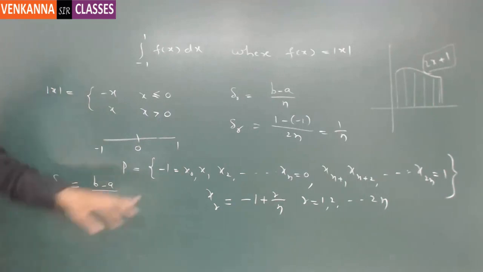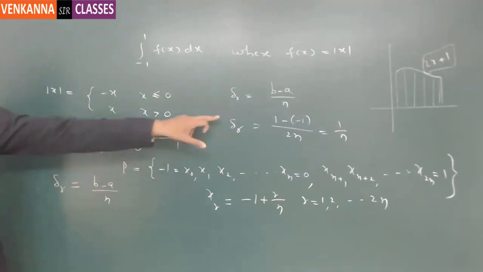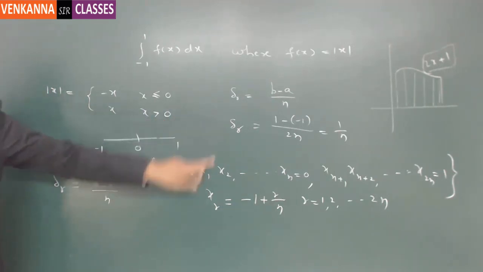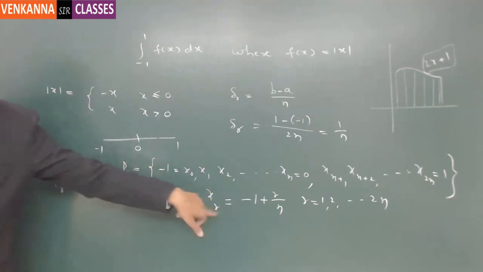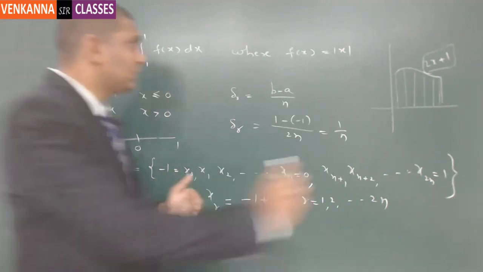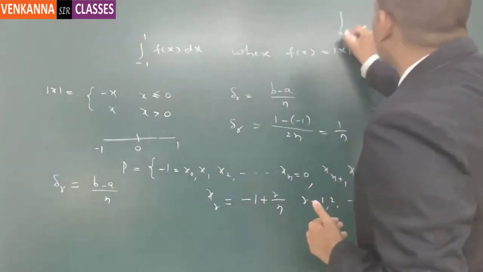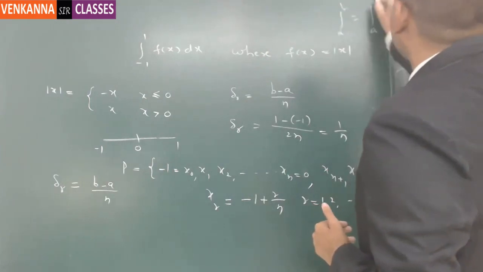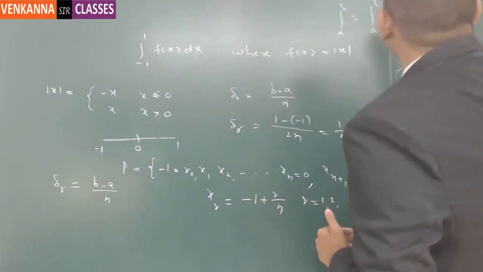Right. So this is the way of taking the partition. This is delta r. The point xr is written like this, -1 plus r by n. Why not? The partition belongs to the total interval. That's why, as in the earlier problem, the integral a to b is nothing but integral a to c plus integral c to b.